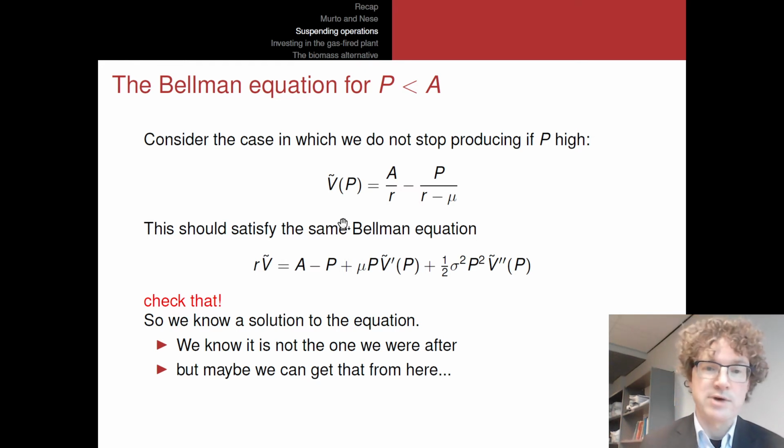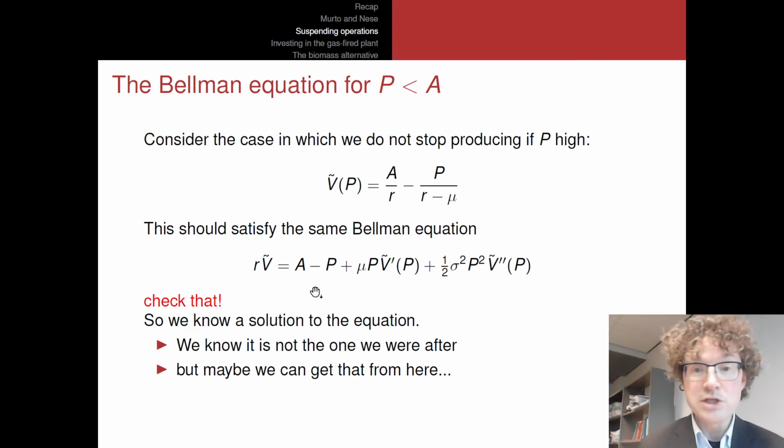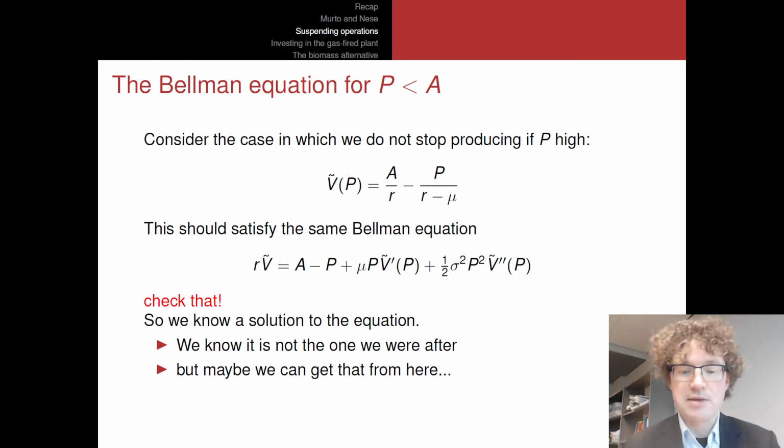It's always generating A minus P, right? But this equation is precisely the equation that we're trying to solve. So my claim is that we can find one solution. This object over here should be one solution to this particular Bellman equation. So let's check whether that's the case on paper.